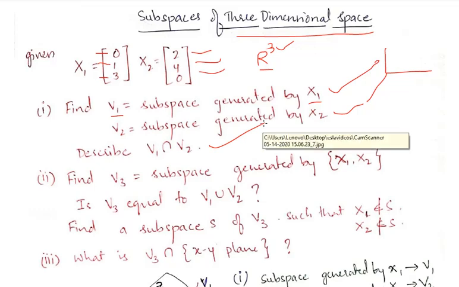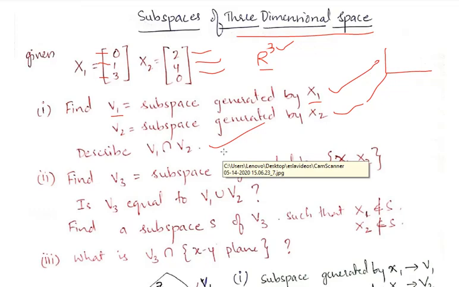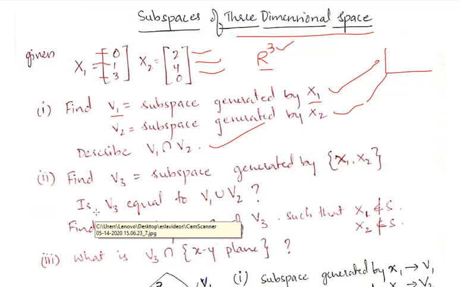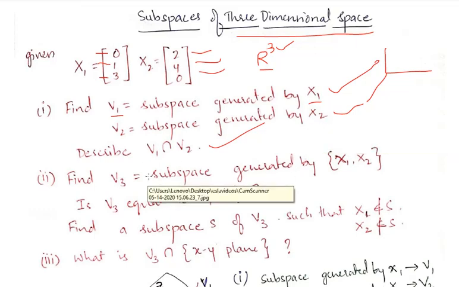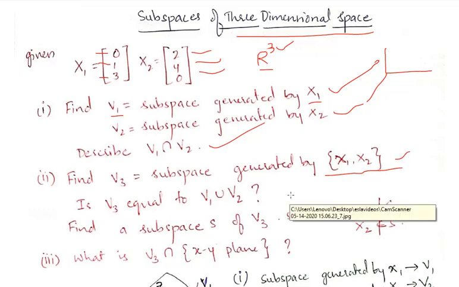So this is the first question. Second question is find v3, the subspace generated by x1 and x2. In the first question we try to find the individual vectors, and here the vector space created due to both column vectors. One more sub question is v3 equal to v1 union v2.